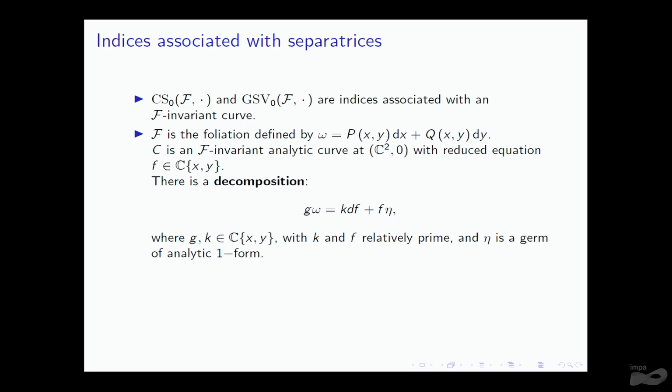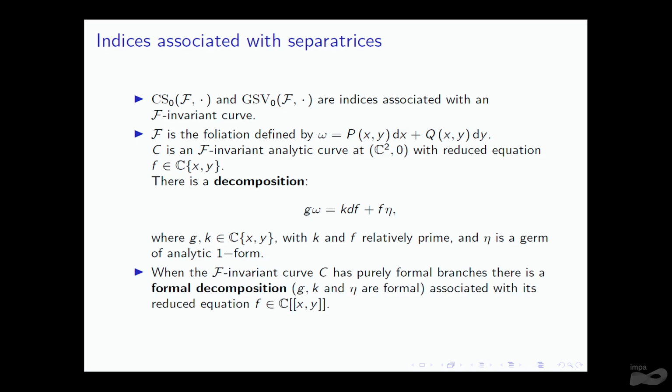Suppose that f is defined by this one form omega, and C is an F-invariant analytic curve with reduced equation F. I can find a decomposition in this way: analytic functions G and K, and an analytic one form eta, so that G times omega is equal to K dF plus F eta. And I use this decomposition to calculate these two indices.